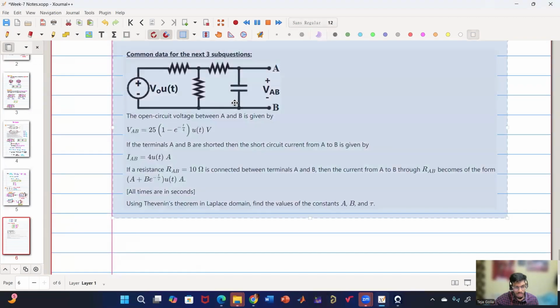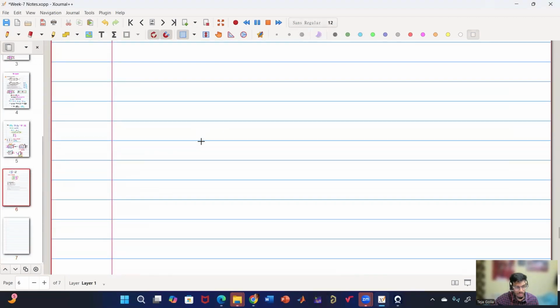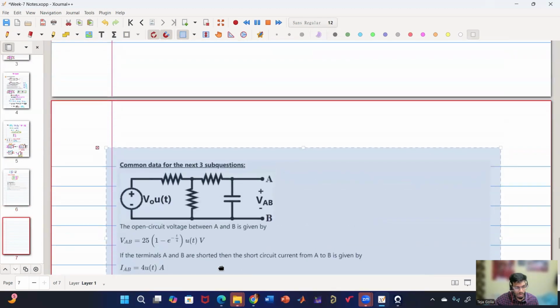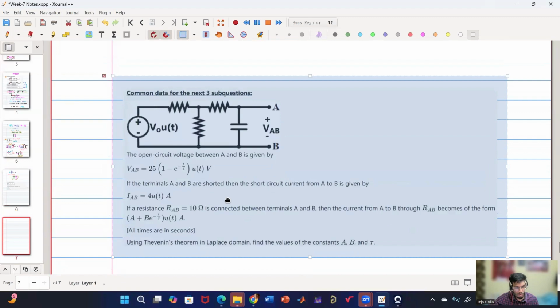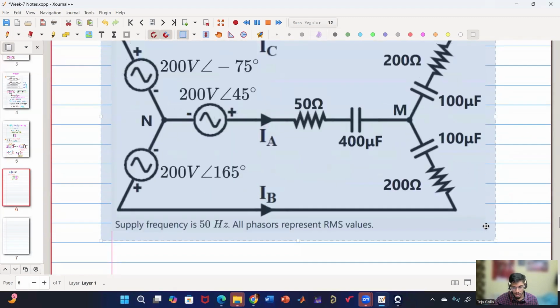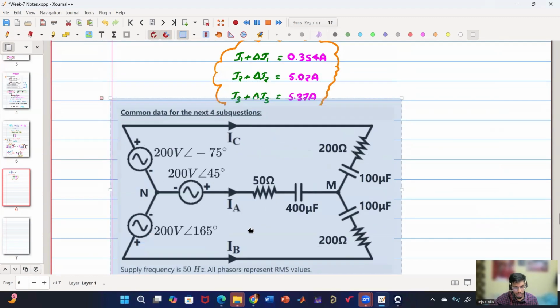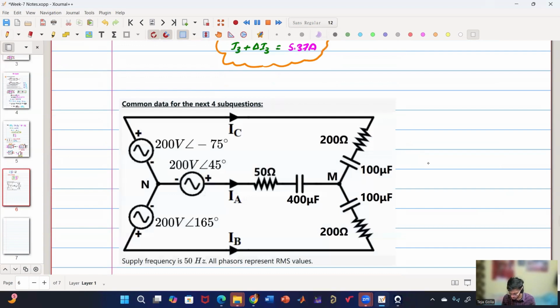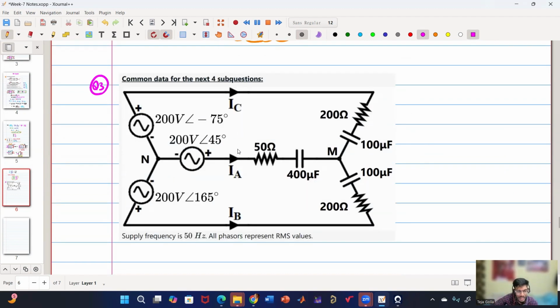So let me take this to the next page. This will be our question 3. So what they're asking is find the value of IA, IB, IC.